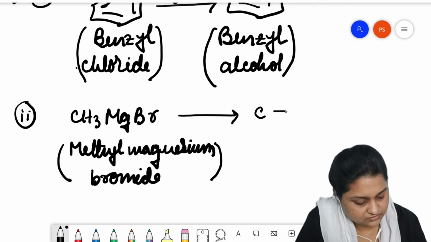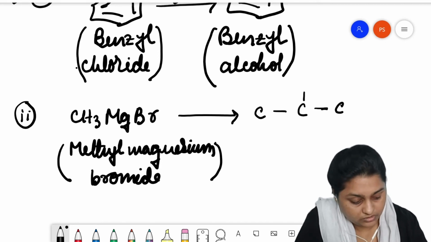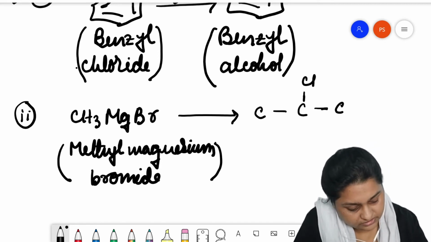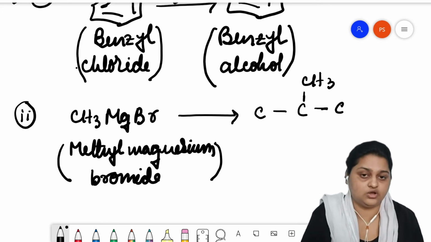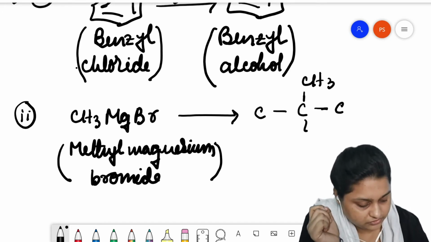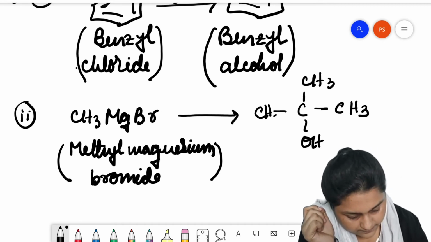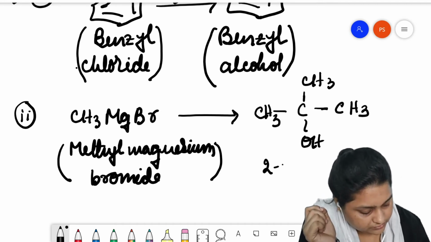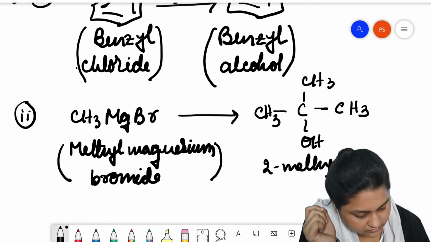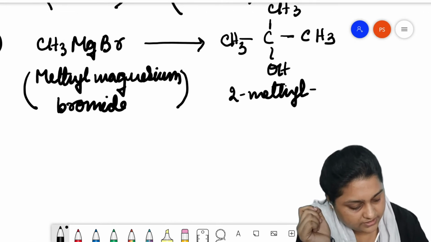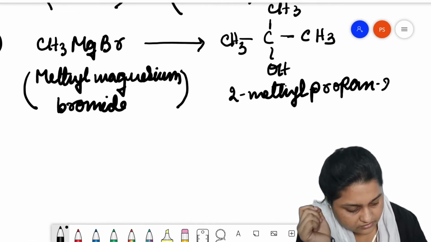Propan means 3 carbon; 2-methyl propan-2-ol means at 2 position there is a methyl group, and at 2 position a hydroxyl group is present. So this is the structure of 2-methyl propan-2-ol.